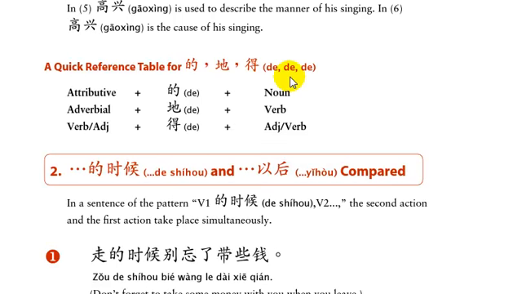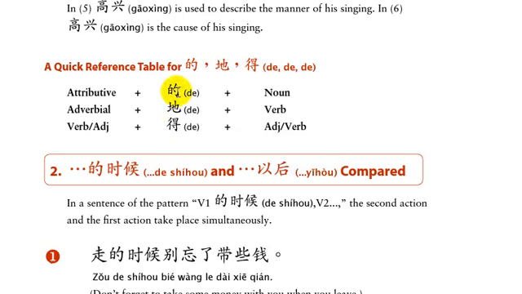Okay, before we go into detail on the three de's, I jumped to the end of this section on page 293 to show you a quick guide here, because when we go through, you may get confused at times, so I figured it would just be helpful to show you this first.